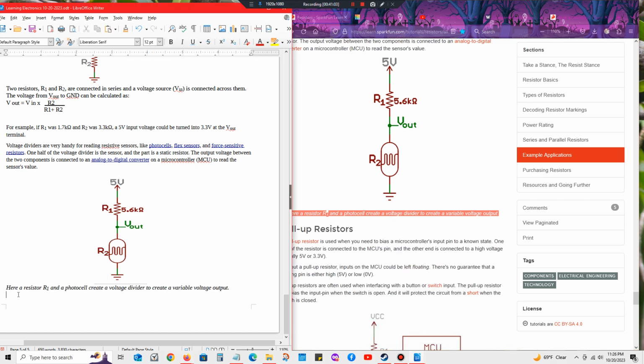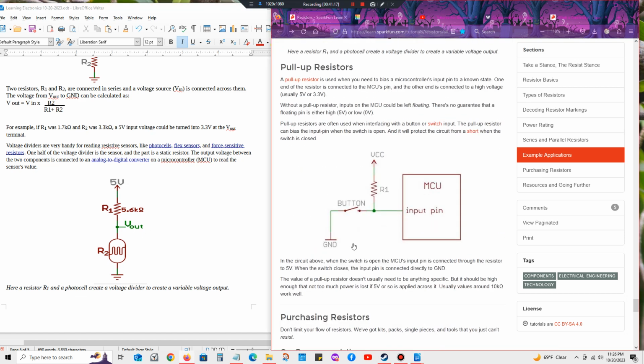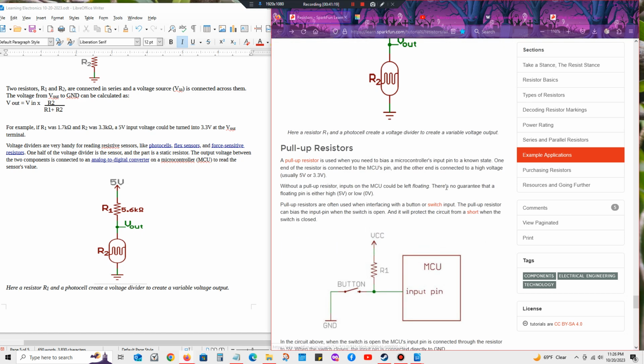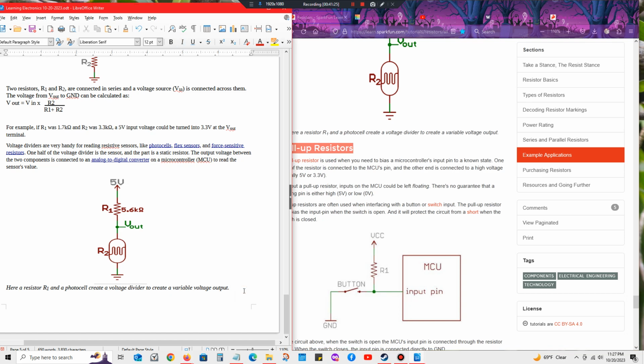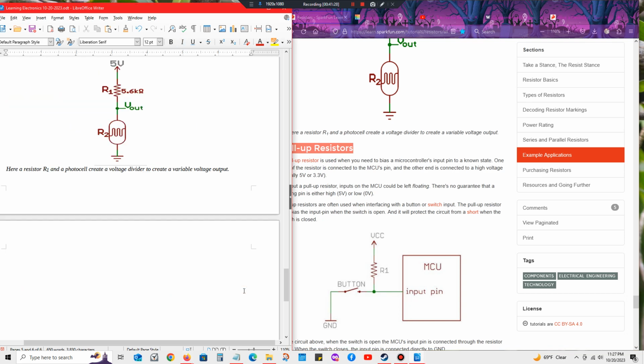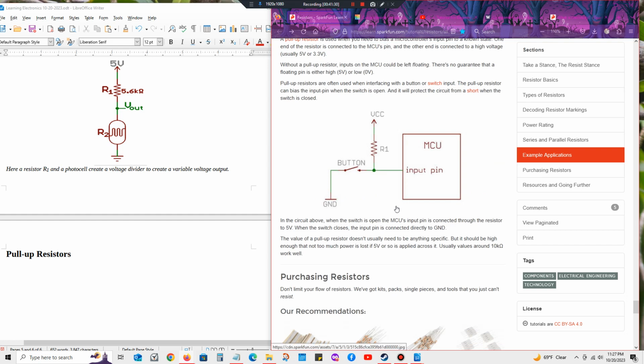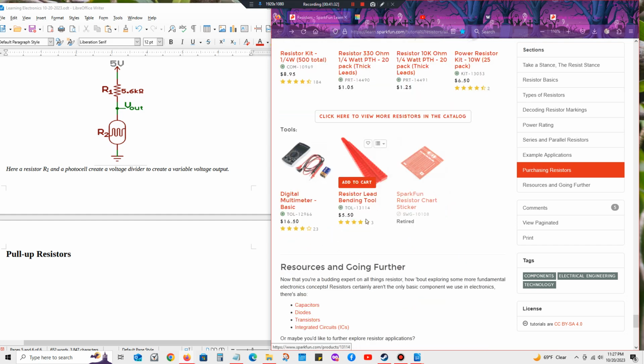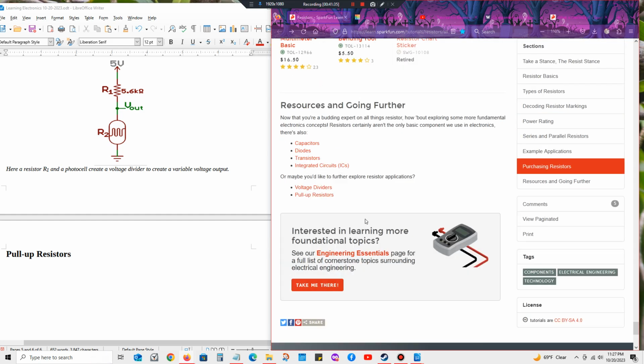And this is saying that here you have a resistor R1 and a photocell, which create a voltage divider to create a variable voltage output. So I'm going to stop here at pull-up resistors. And then that's that.